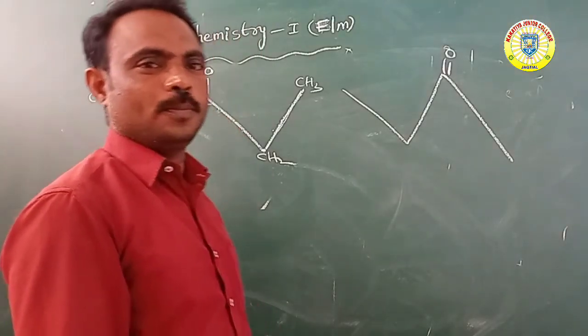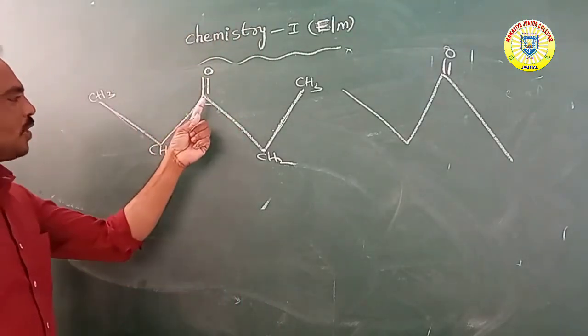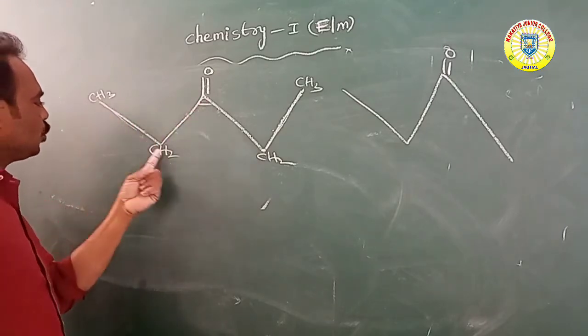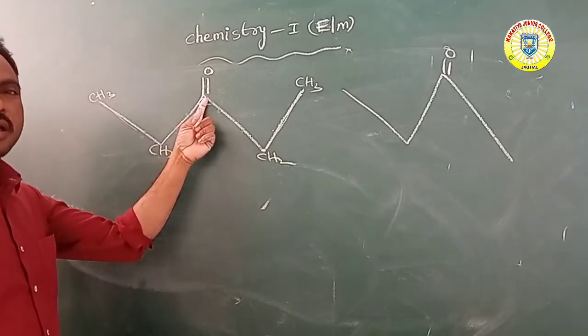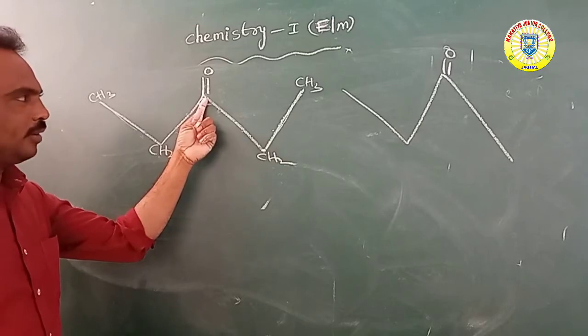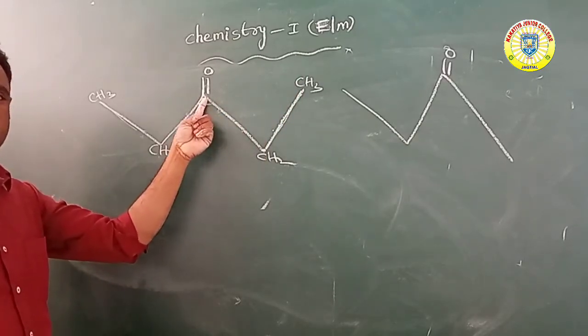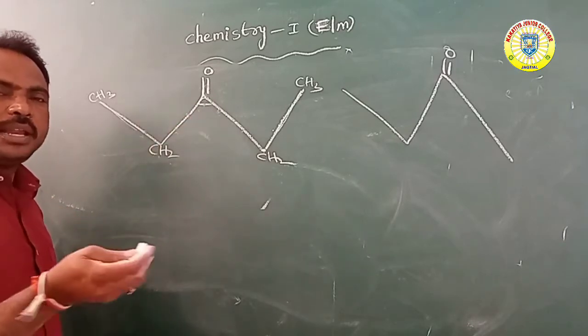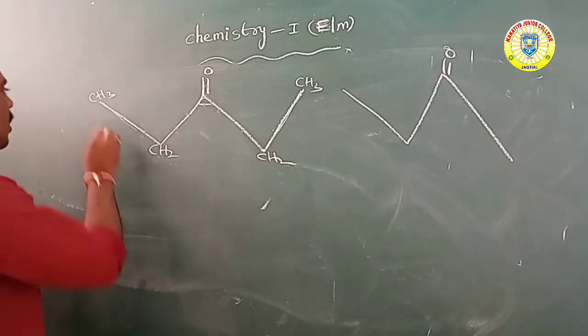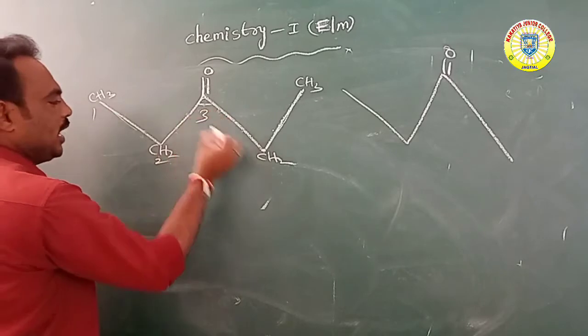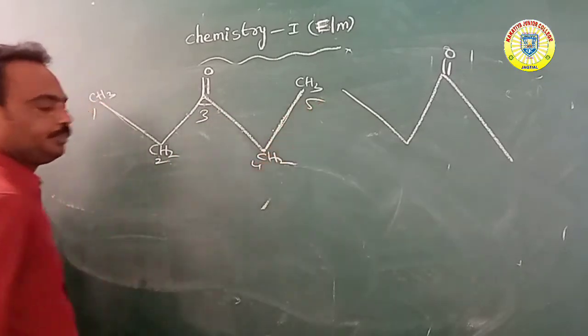Ketone functional group. From the left side it is attached to the third carbon, and from the right side also the third carbon. So we can use the number from any side. 1, 2, 3, 4, 5.